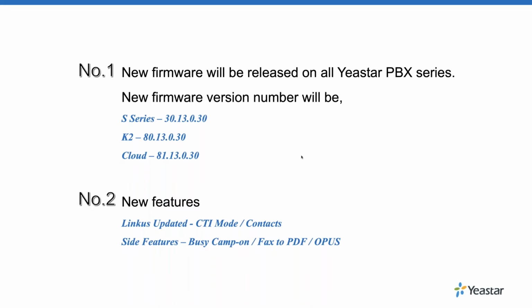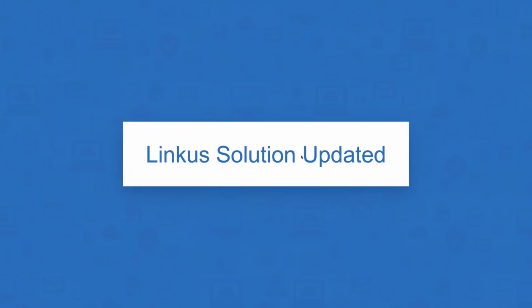We made some updates to our Linkus, with features supported on your Linkus UC application. The first one will be CTI mode, and the second one will be contacts. And part two, we're going to support some side features this time, like busy campaign, fax to PDF, and Opus codec. Anyway, let's keep going for more details.